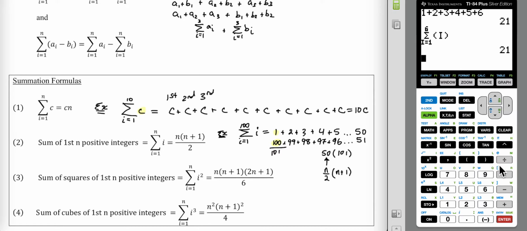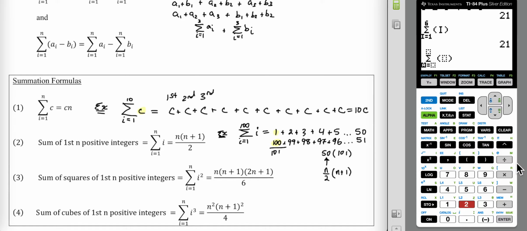Now, because we have technology, we can do the computational parts without using rules, but we do want to get to a point where we can handle it using the formulaic approach, because we're going to be working with this symbolically, not just numerically. So again, alpha, window, you see the option that looks like a summation, which is option 2.